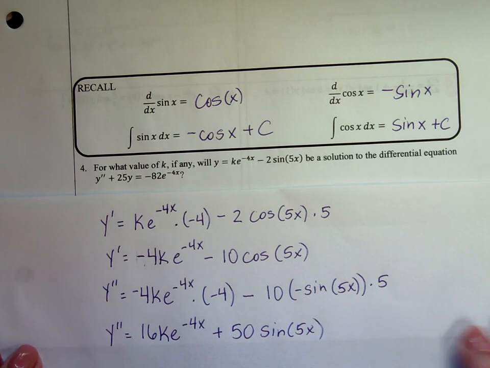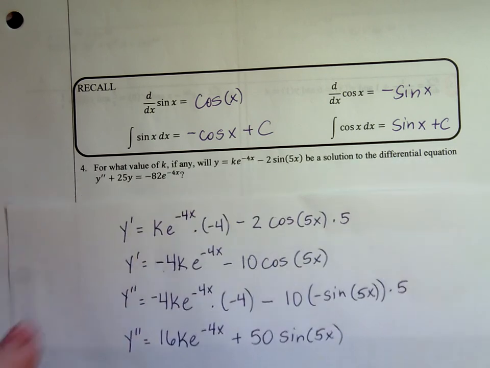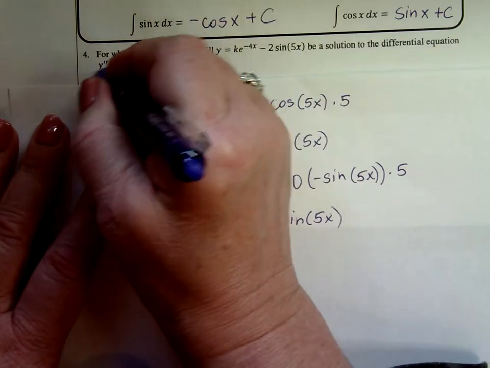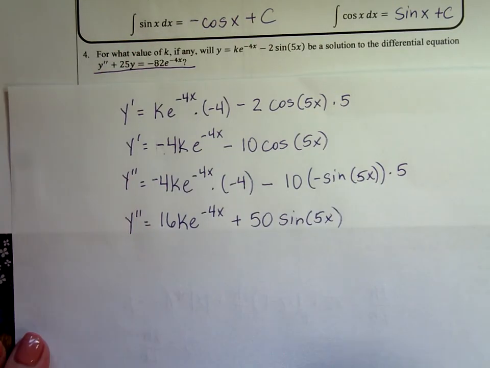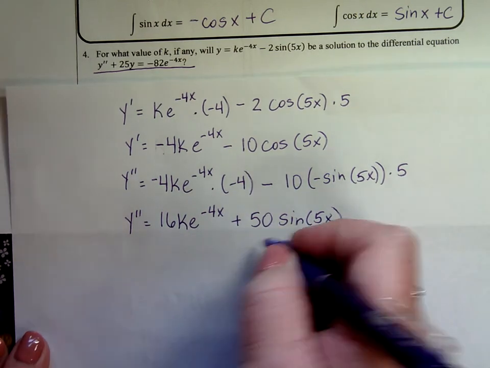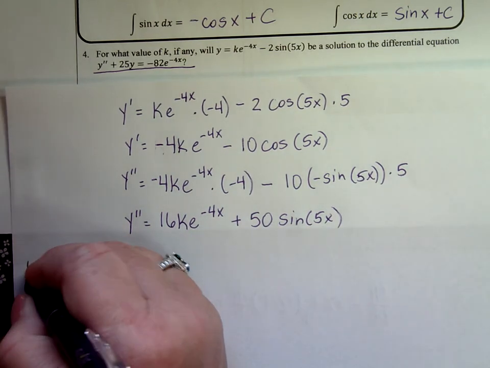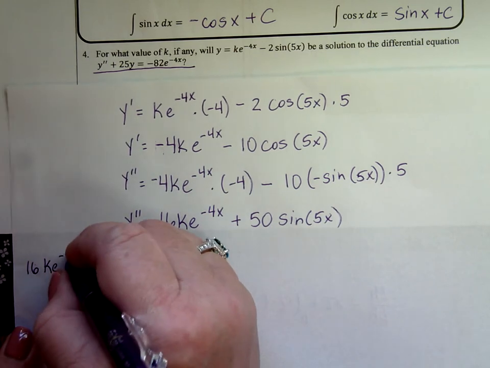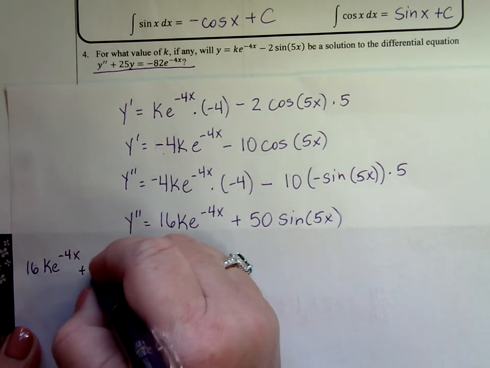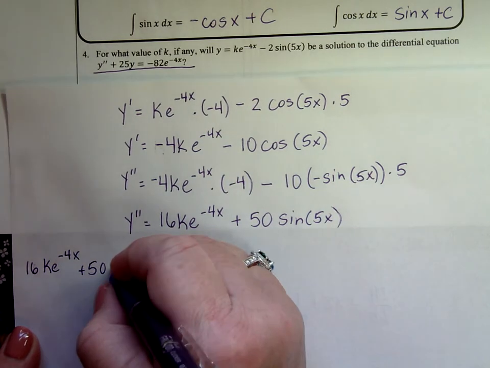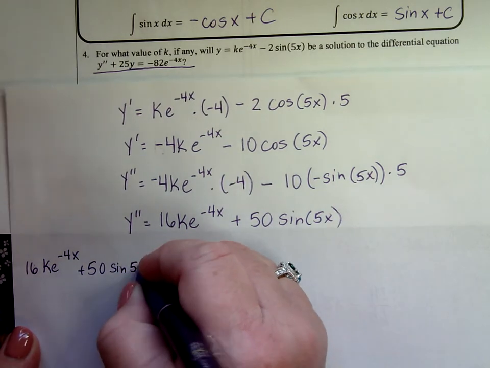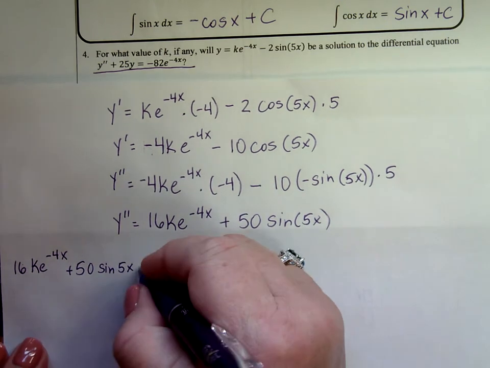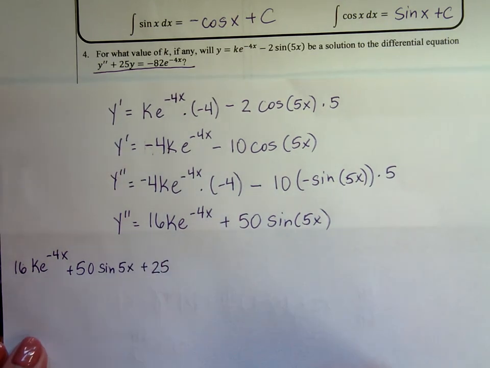Now, once you have all these pieces, what we're going to do is plug these into this equation right here. What's y double prime? Well, y double prime is, and you need lots of space for this, 16k e to the negative 4x plus 50 sine of 5x. Okay, that's my y double prime, plus 25y. I'm just plugging right from here.